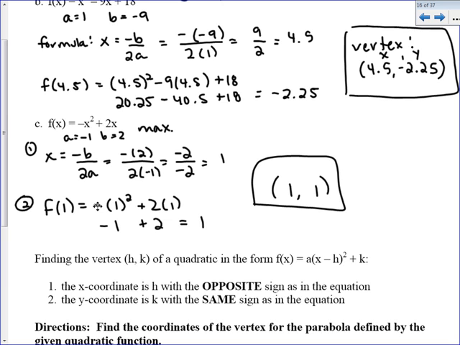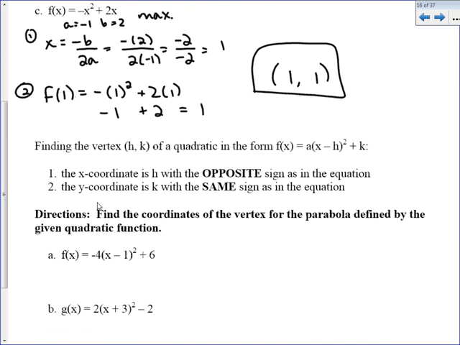So the other type of quadratic, this is the last thing we'll do today. We'll save the word problems for Friday. If you have this form of a quadratic right here, finding your vertex is easy. There's no formulas, there's no plugging in, there's no solving. You can find your vertex just by looking at it.